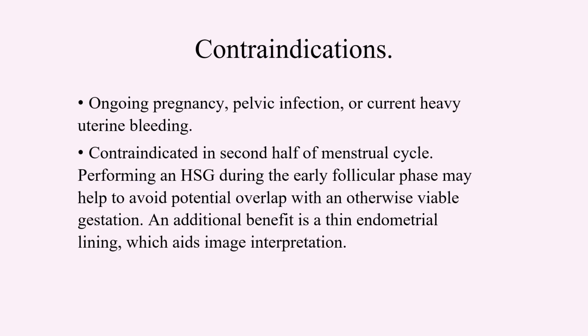An additional benefit of doing this procedure in the first part of the menstrual cycle, or in the proliferative or follicular phase, is that the endometrial lining will be very thin. And this will help to understand the images that are made with the procedure.